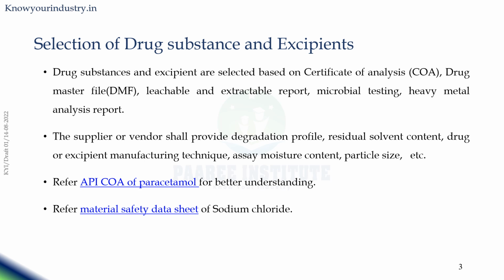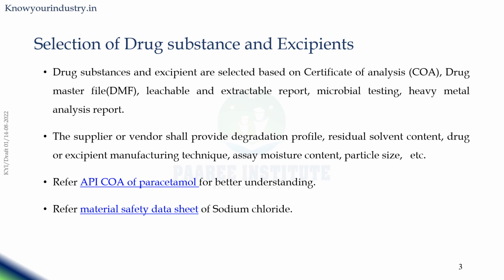Selection of drug substance. What importantly we have to look at when we select a drug substance, which is nothing but the active pharmaceutical ingredient, and the excipients. Always, in the Indian pharmaceutical industry, they select the API or excipients based on the quality of their services and the quality of their regulatory norms, and as well as the DMF, which is nothing but the drug master file.